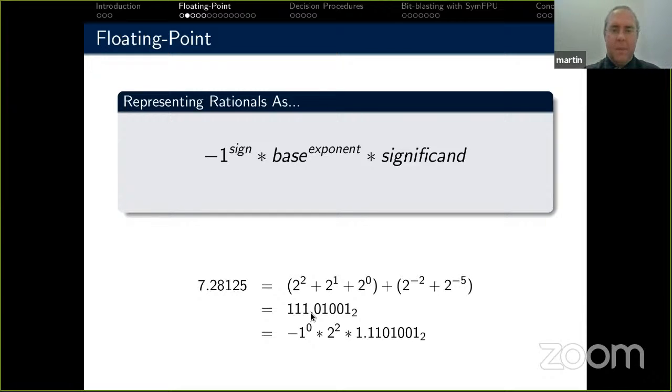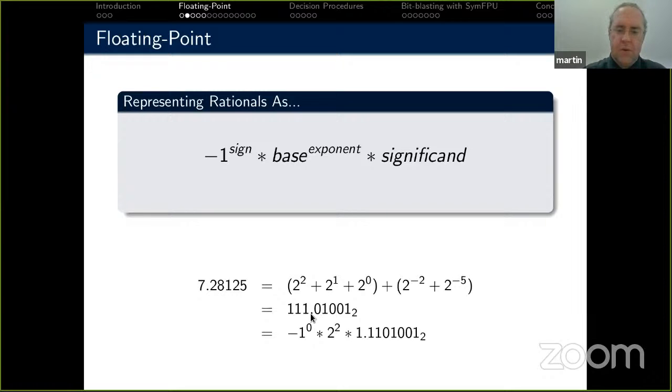And the thing that makes the system floating point is that different numbers will have the decimal point in different places. So when we have the number stored, implicitly the decimal point is always there, and the exponent allows you to shift.